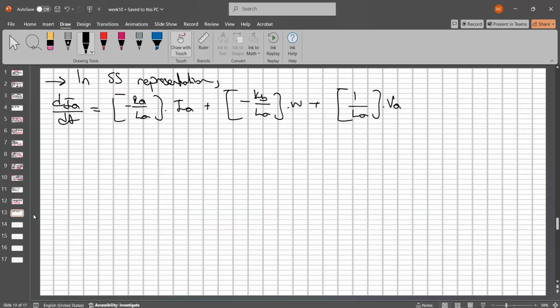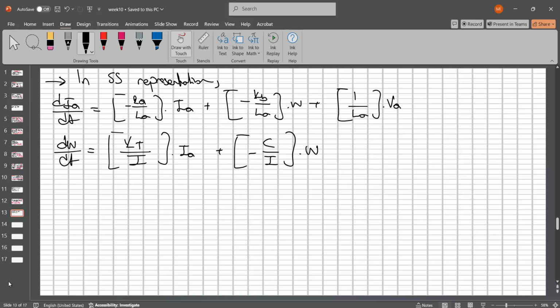Okay. And also dW/dt is equal to KT divided by I times IA plus minus C divided by I W. Okay. This is the electrical part. This is the mechanical part. Right?